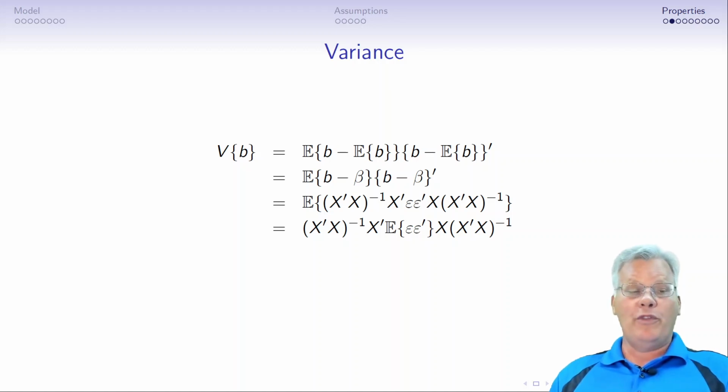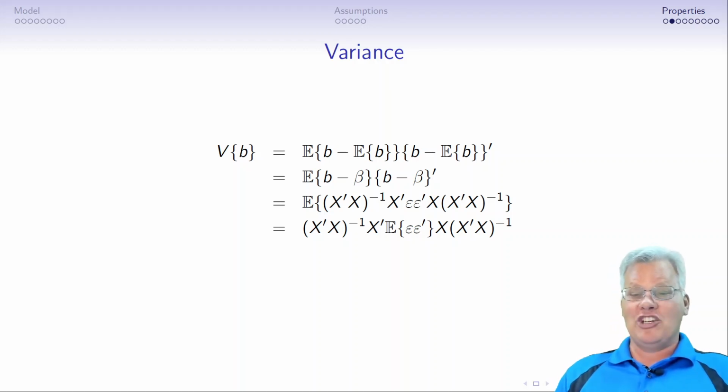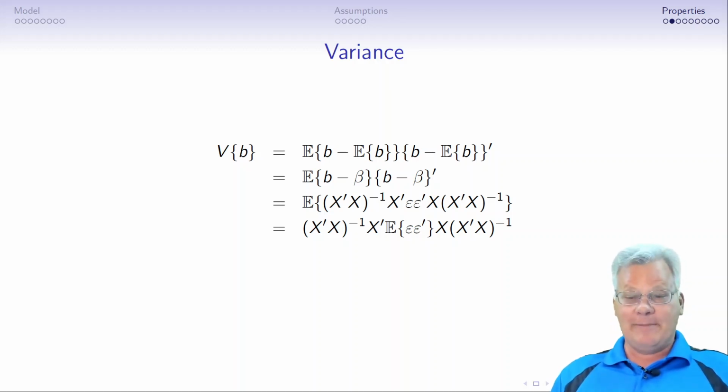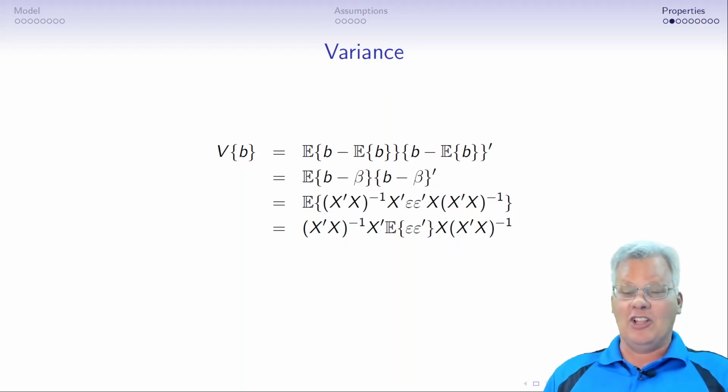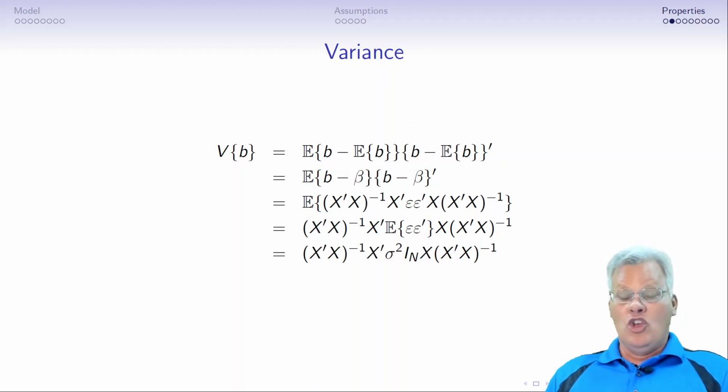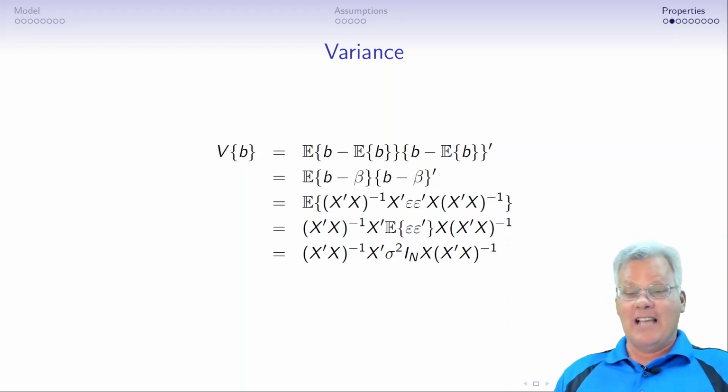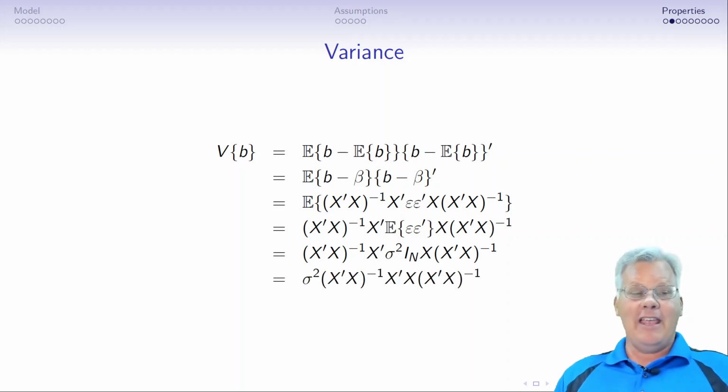So I can do that to both the left and to the right, and I get this expression in the center, expectation of epsilon, epsilon transpose. You remember that from the matrix expression of the Gauss-Markov assumptions, this is equal to sigma squared times I sub n. So sigma squared is a scalar parameter that can be factored out, and I sub n is the identity matrix.